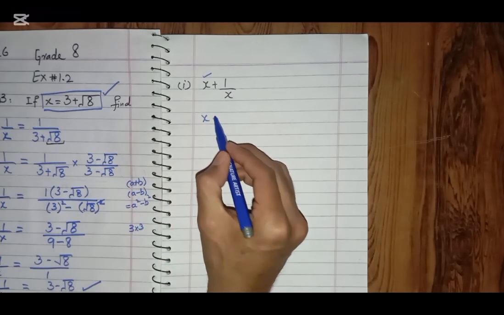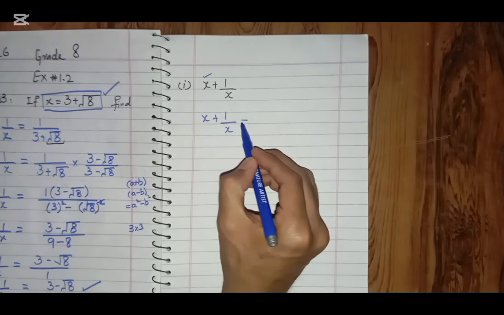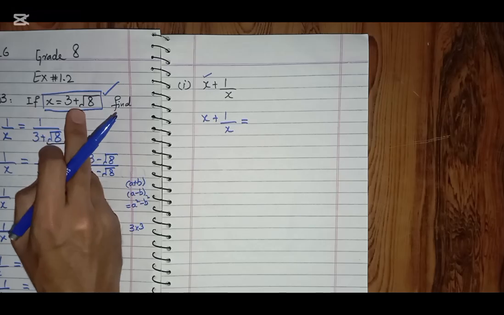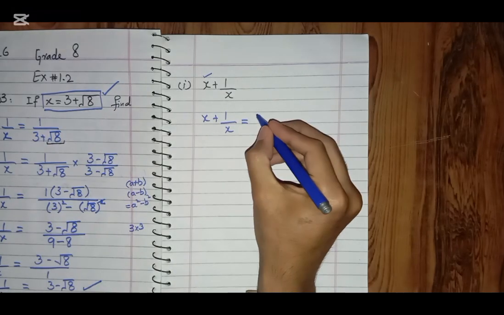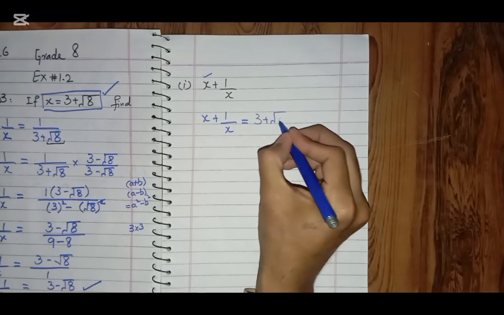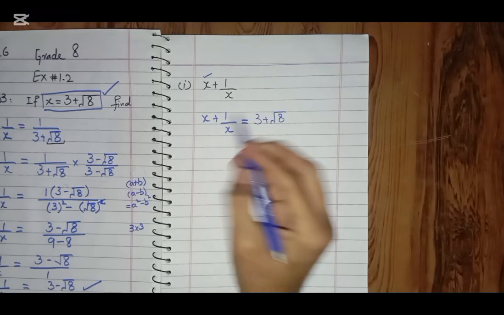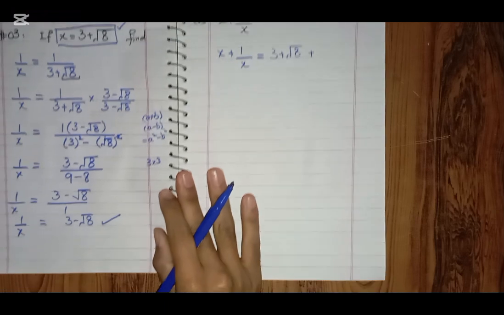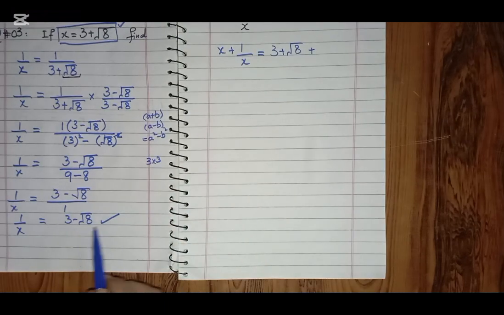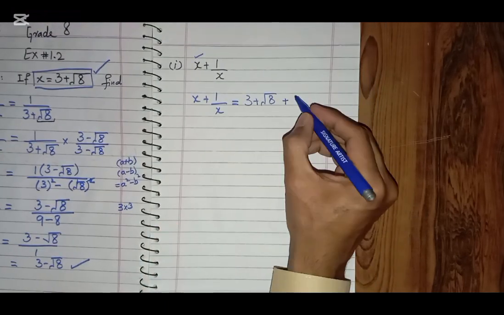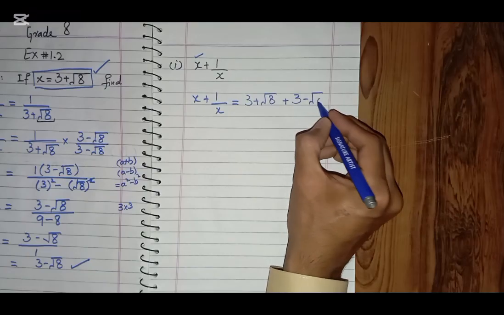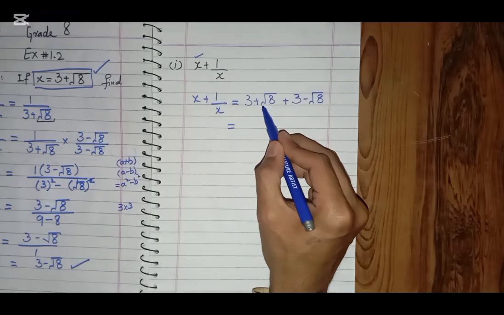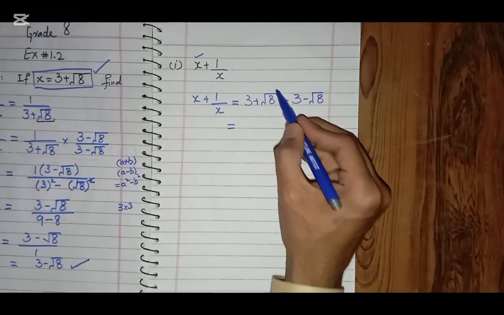This is x and this is 1 over x is equal to, what is the value of x? The value of x is equal to 3 plus square root 8. In between the sign is plus, so you put a positive sign, and this is 1 over x, and the value of 1 over x you found there, that is 3 minus square root 8. So simply write 3 minus square root 8. As you see there, this is plus square root 8 and this is minus square root 8, so you can cancel these out.